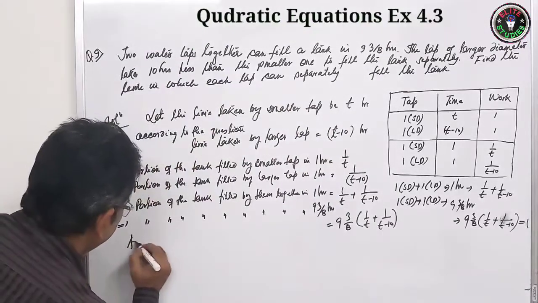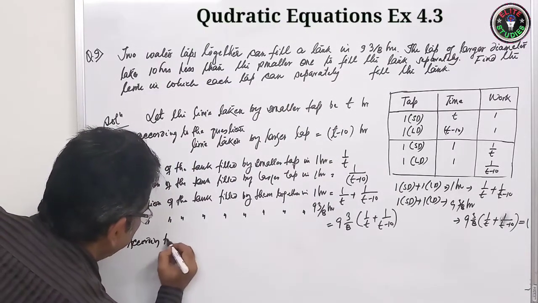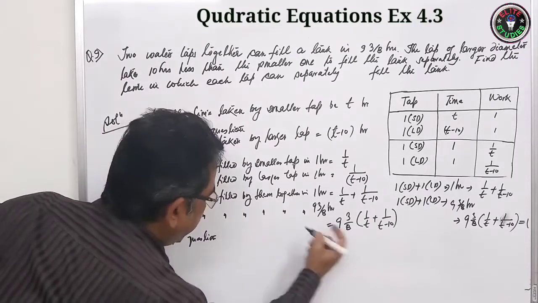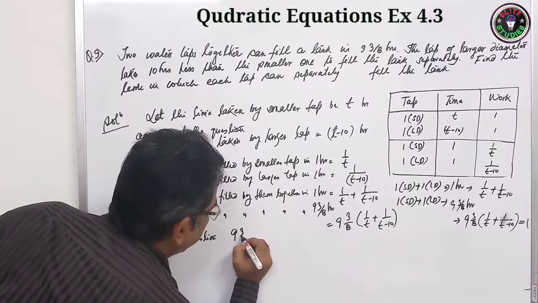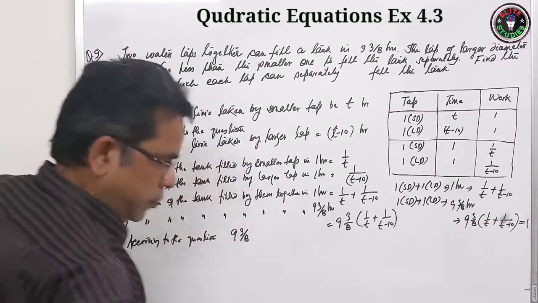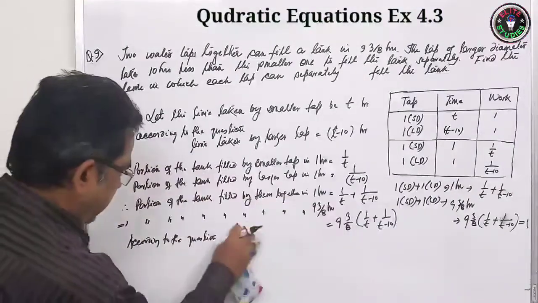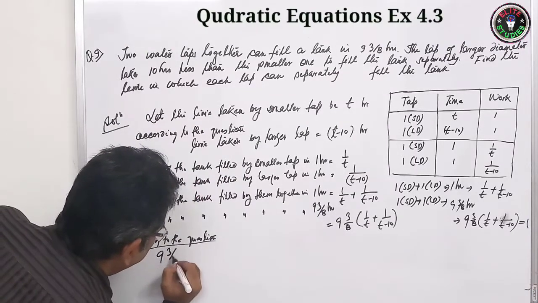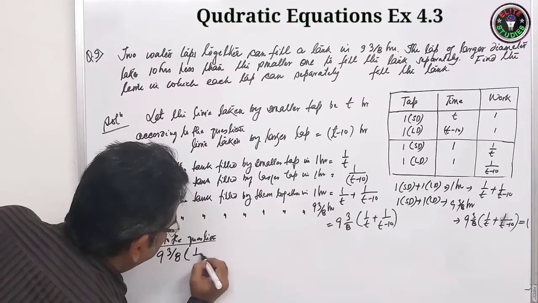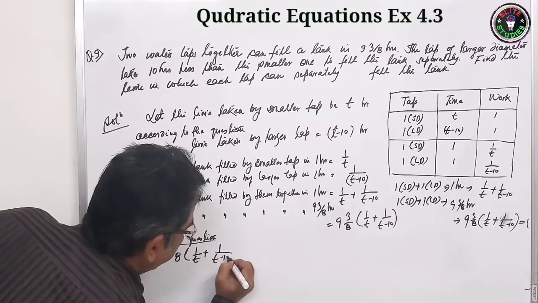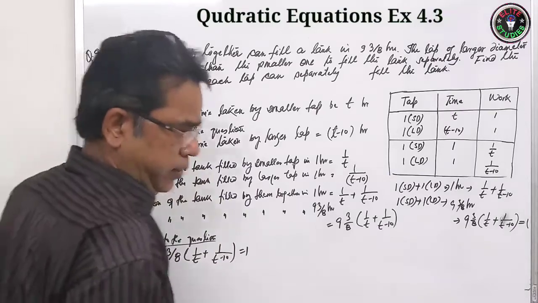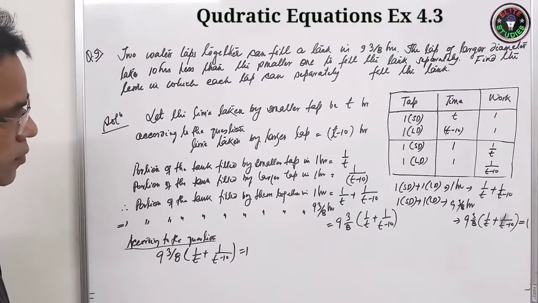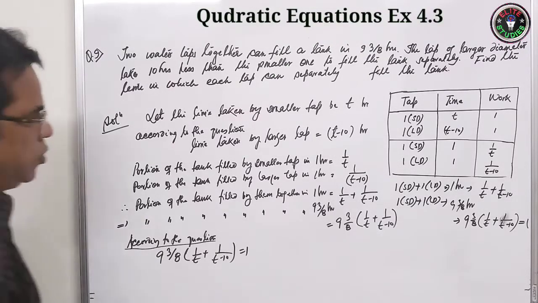According to the question, 9 3 by 8 times 1 by t plus 1 by t minus 10 is equal to 1. Now we have framed the equation. Now our next step is only to solve it.